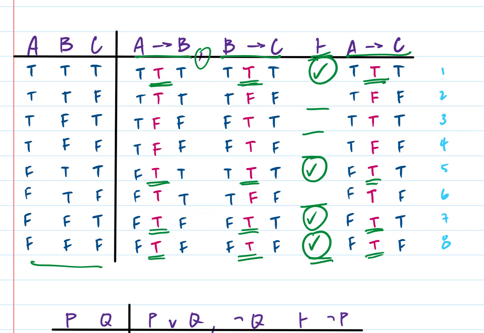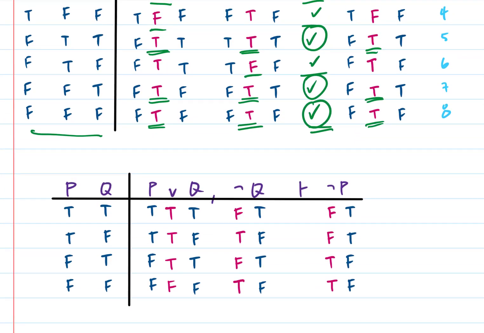But we put check marks on these other lines as well. So line 2, one of the premises is false, so that line is fine, it gets the check. Line 3, the first premise is false. Line 4, the first premise is false. And line 6, the second premise is false. In those cases, it's not the case that all of the premises are true, so we don't really care what the case is with the conclusion. It's going to be a good line, a line that we put a check underneath the turnstile.